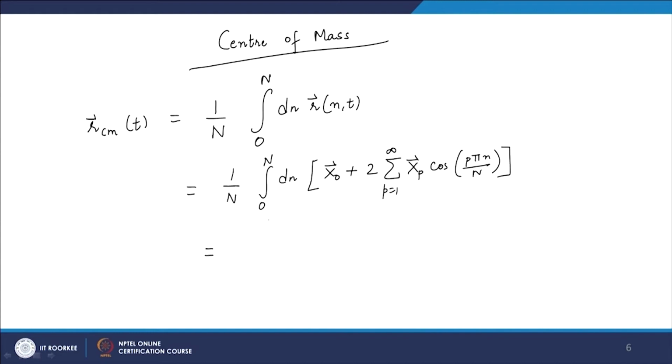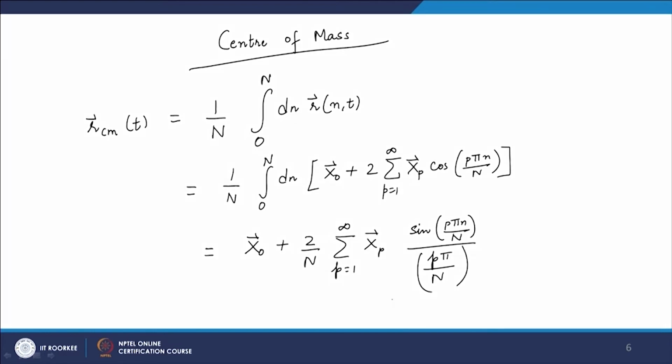So, the first term here simply gives me x 0, because integration over n gives me capital N, it cancels out. The second term here gives me the integration which is anyway going to be 0, because we start from p equal to 1, not p equal to 0.